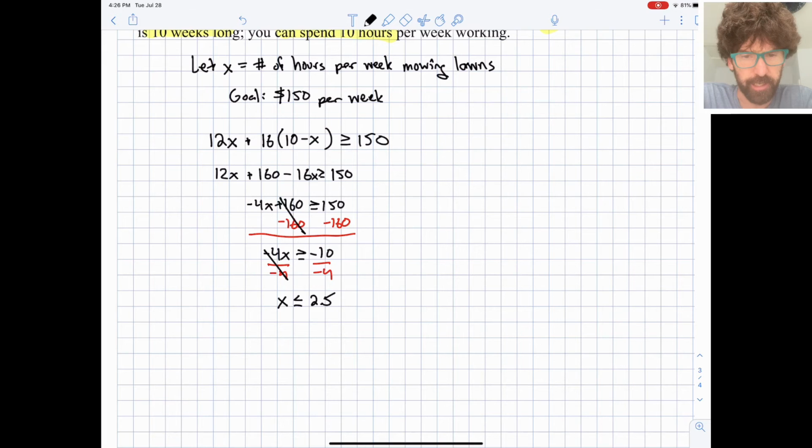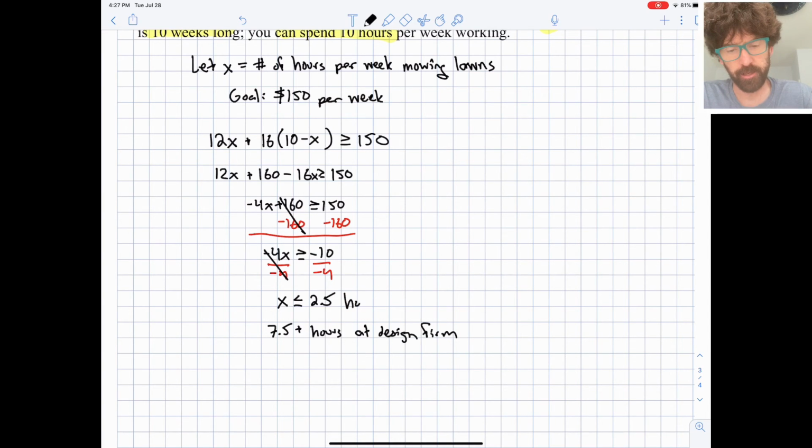Remember, x represents the hours per week mowing lawns, so I can work less than or equal to 2.5 hours per week mowing lawns, which means 7.5 or more hours at the design firm. Okay, and that will give me at least the $150 per week that I need to average over the course of the whole summer.